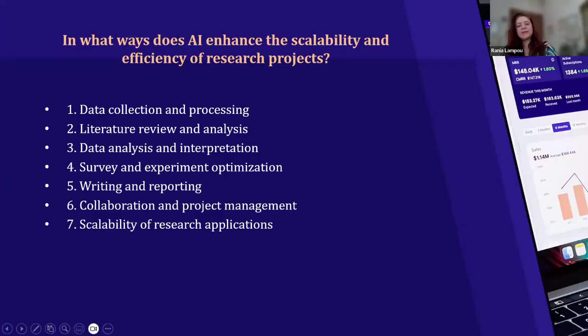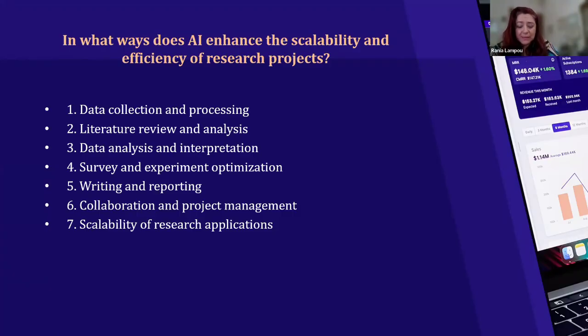So in what ways actually does AI enhance the scalability and efficiency of research projects? We have said that it's about automation because we can automatically collect large volumes of data from diverse sources, websites, or databases, or sensors.